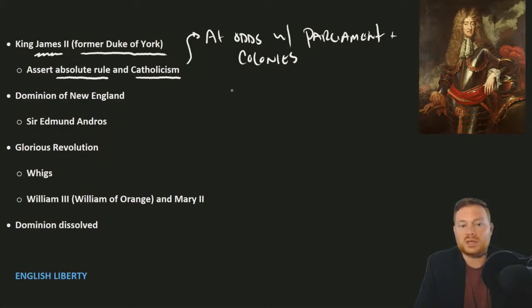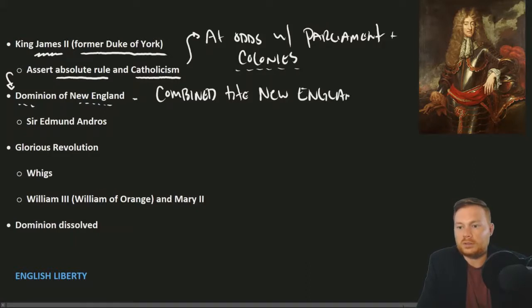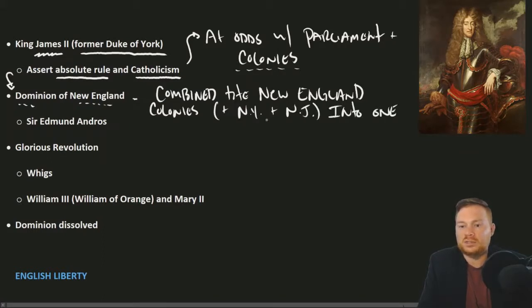And one of the ways that King James puts himself at odds with the colonies, especially, is his creation of the Dominion of New England. What the Dominion of New England is, is that it combined the New England colonies, and we'll just say New York and New Jersey, in parentheses here, into one single colony.